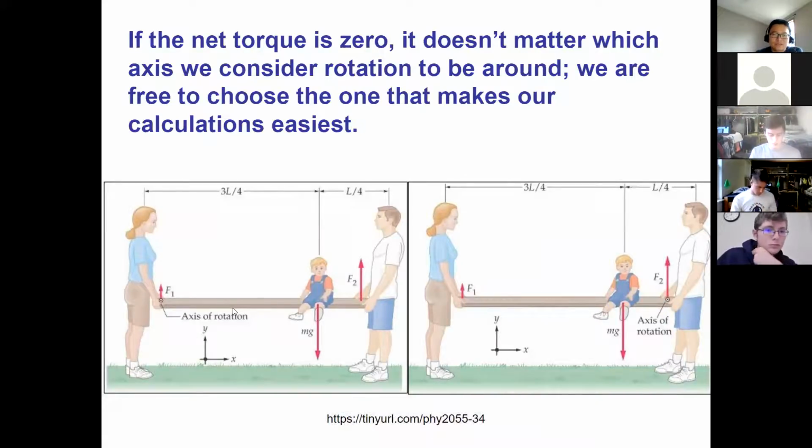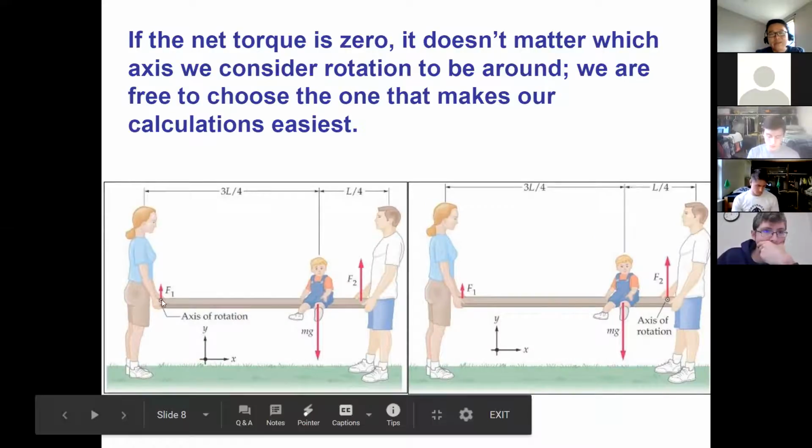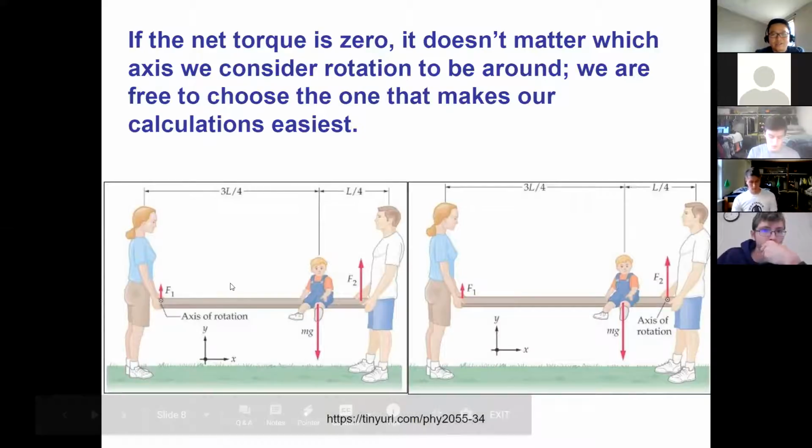It doesn't really matter. Now, the rule of thumb is to pick an axis of rotation that goes through the action point of a force. If multiple forces act on that particular point, that might be your axis of rotation, because then you eliminate a couple of torques by picking it.